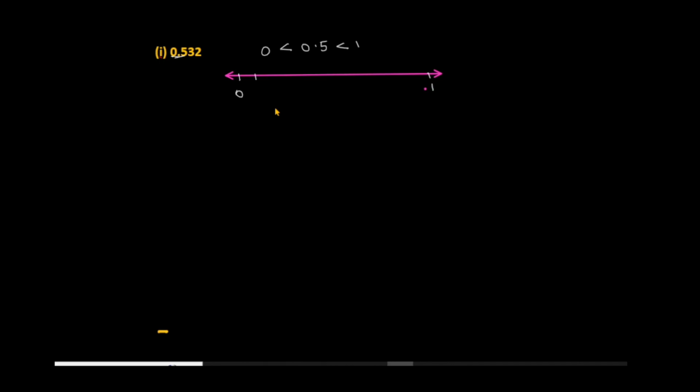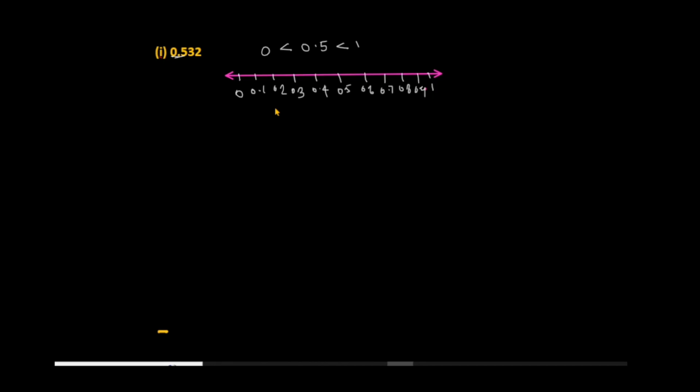So 1, 2, 3, 4, 5, 6, 7, 8, 9, which means 0.1, 0.2, 0.3, 0.4, 0.5, 0.6, 0.7, 0.8, 0.9 and 10, that is nothing but 1.